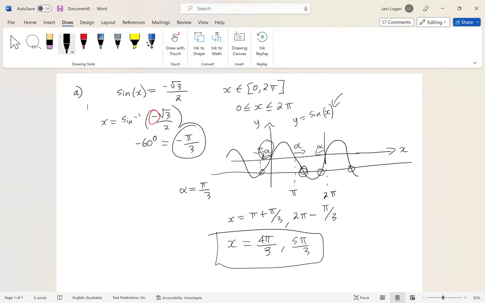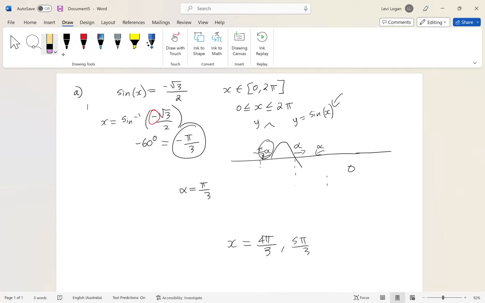Now we can check if this works or not, so I'm just going to rub all this out apart from our solutions. I know these work, but if you want to double check, you can plug them into your equation and you should get negative root 3 over 2. So if we went sine of 4 pi over 3, putting that into our calculator, make sure you're in radians as well.